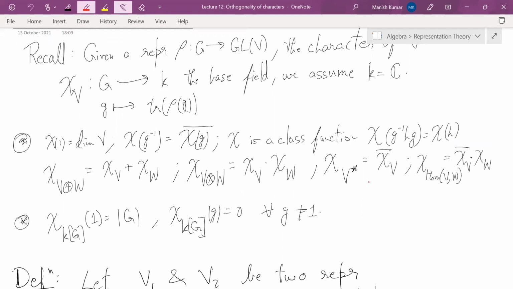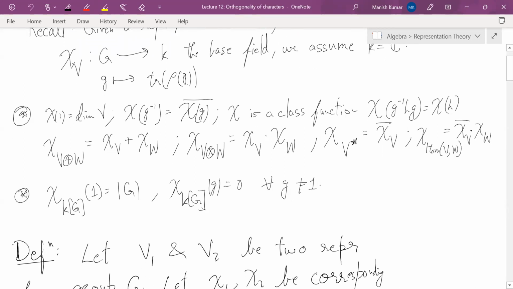And we did some computation also. We didn't see too many examples, but for the regular representation, we saw that the character is pretty straightforward. At 1 it takes the value equal to the size of G, because that's the dimension of the regular representation. And for all other elements, it takes the value 0.